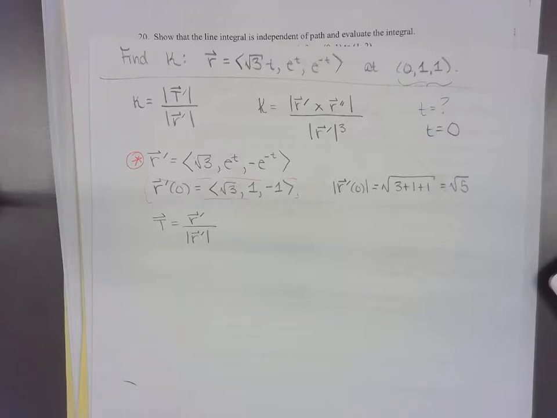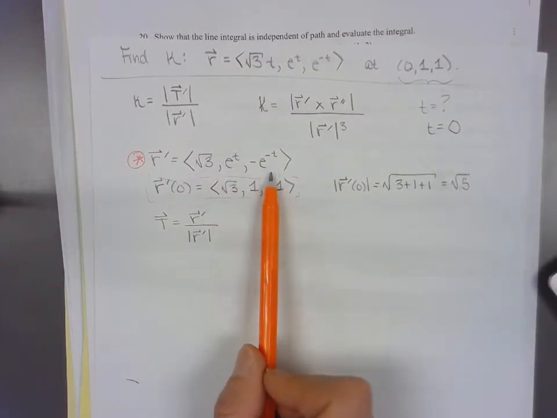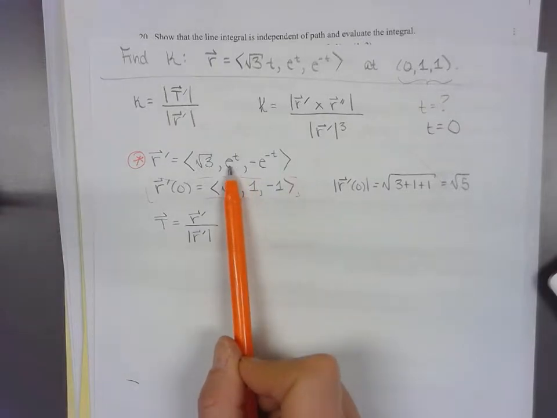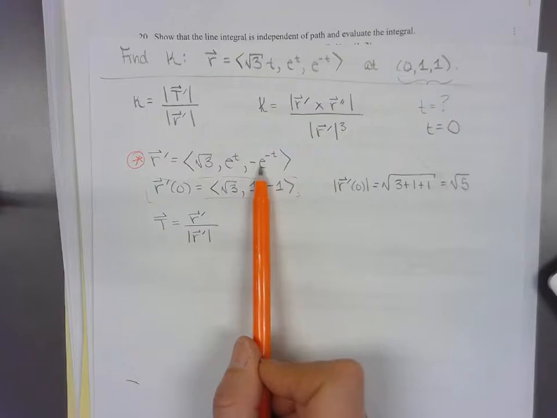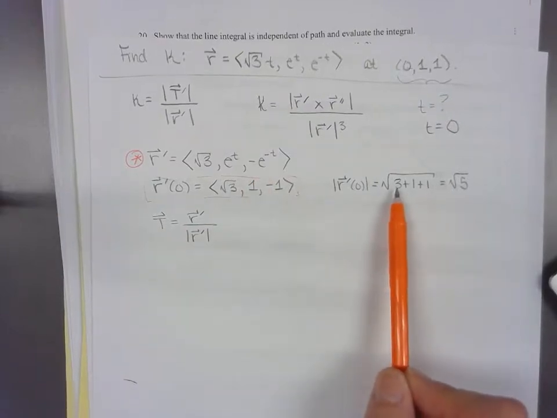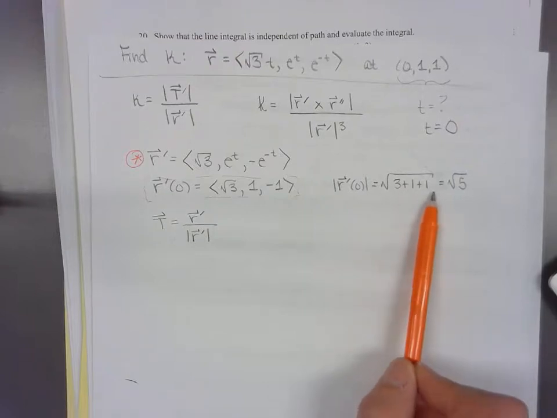So if I found the magnitude of this, when I square this, I'd get e to the 2t, and when I square that, I'd get e to the negative 2t, so I'd have the square root of 3 plus e to the 2t plus e to the negative 2t.